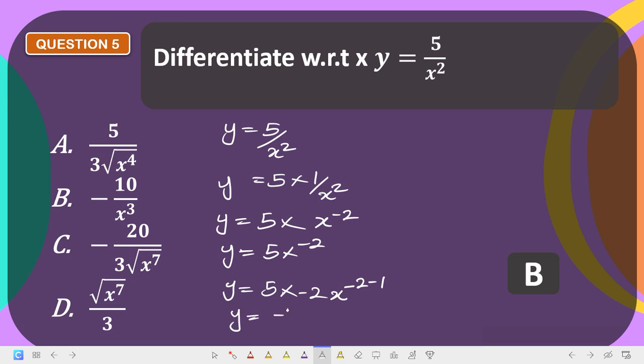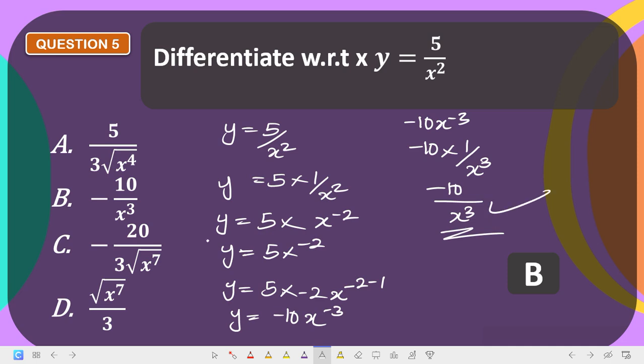So dy/ds is minus 10 s, minus 2 minus 1 is what? Minus 3. So at the end of the day, you have minus 10 s to the power of minus 3. This becomes minus 10 times s to the power of minus 3, which is the same thing as 1 all over s raised to the power of 3. This becomes minus 10 over s raised to the power of 3. And that makes option B the correct answer to this question.